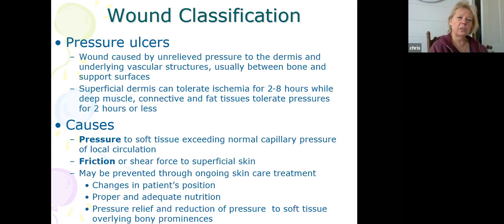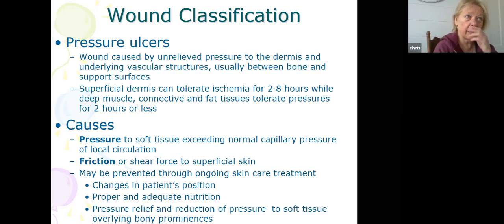So if you see an open pressure sore, it's indicative of something much greater than what it looks like, because pressure sores usually occur from the inside out. The superficial dermis can tolerate ischemia, or a loss of blood to that area, for about 2 to 8 hours. But the deep muscles can only tolerate those pressures for 2 hours or less.